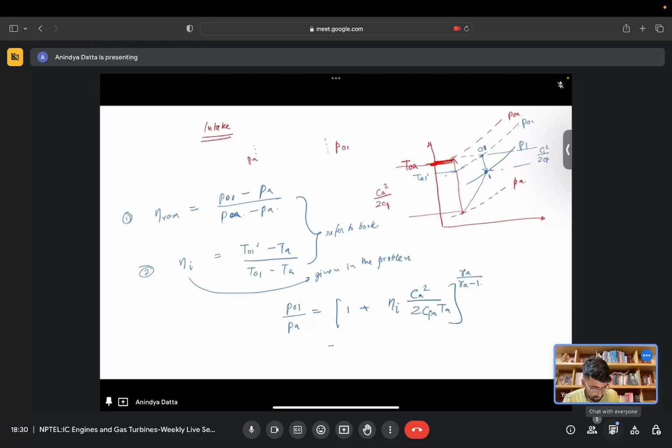Eta of intake is 0.93, Ca is 215.67, Cp is 1005, Ta is given as 236.2 Kelvin, gamma of air is 1.4, and Pa is given. If you solve this we get P01 as 0.4837 bar.